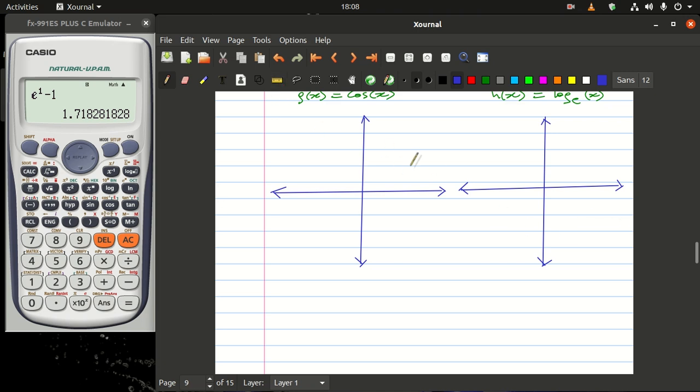Now, if you look into this, you will end up seeing that here we have y, here we have x, here we have y, here we have x. I want to draw g of x. We know that if this is 1, cosine of x is going like this, and then it comes down, and then it goes up, something like that, and then this side also it comes like this, and then it goes like that.